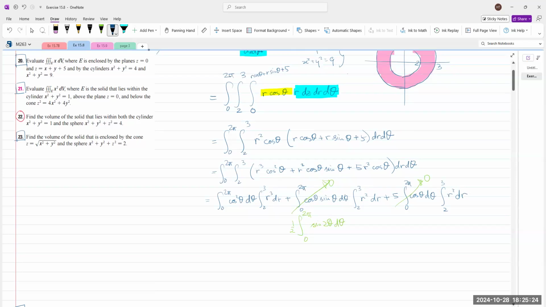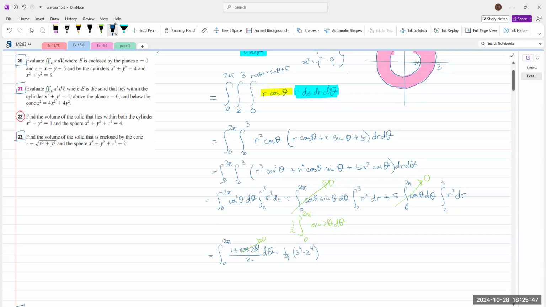Now basically we will get this part here, the integral from 0 to 2 pi of (1 plus cosine 2 theta) over 2 d theta, times 1/4 times (3 to the 4th minus 2 to the 4th). Again, you will see the cosine part goes to 0.